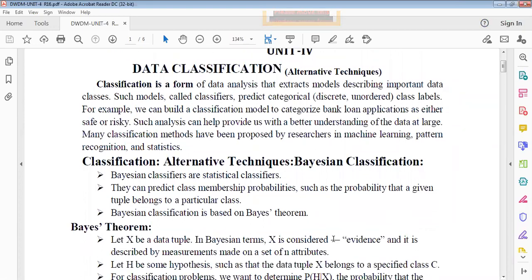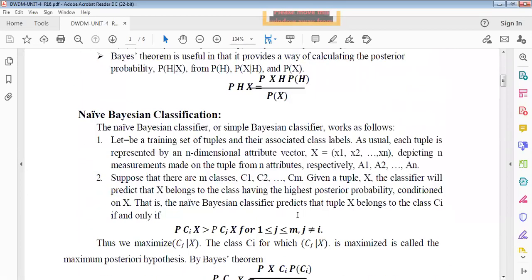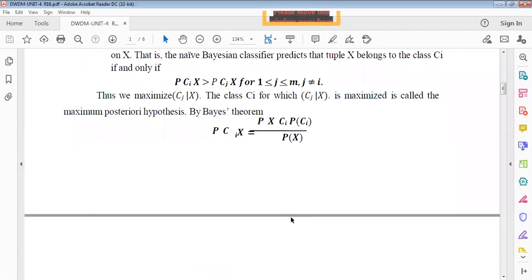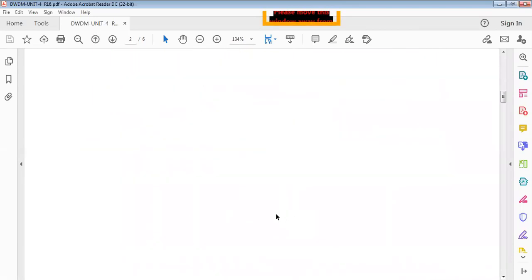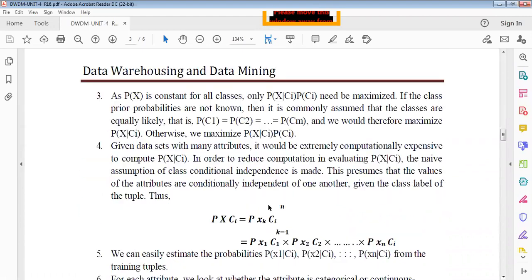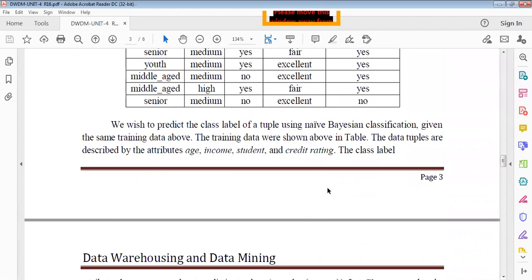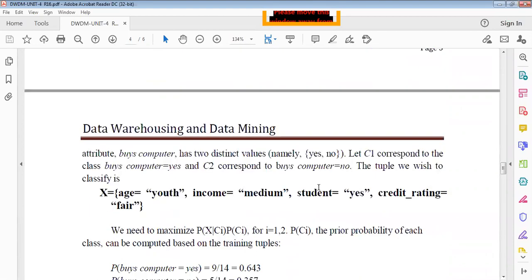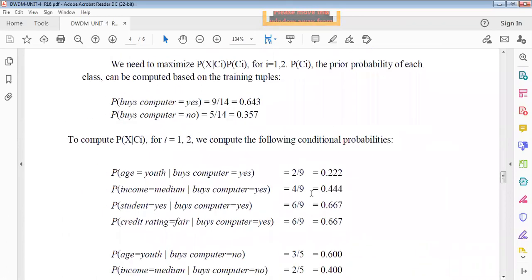In Bayes theorem, probabilities and conditional probabilities mainly have to be represented. So how do you apply the conditional probability to the given data? What values are we getting? You can get the values for buys computer yes or buys computer no.